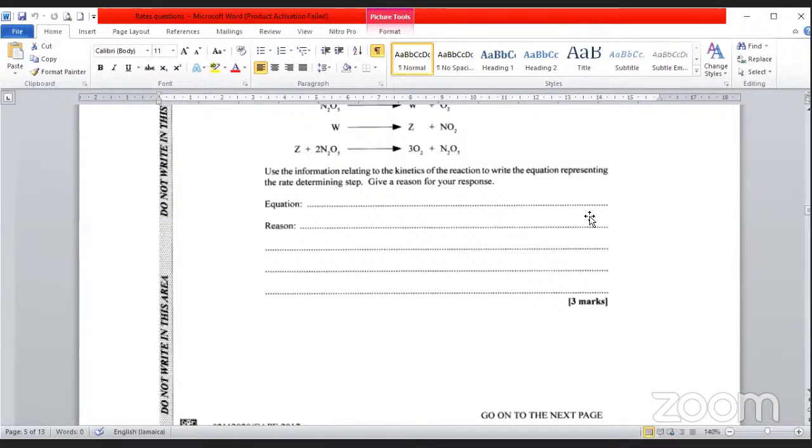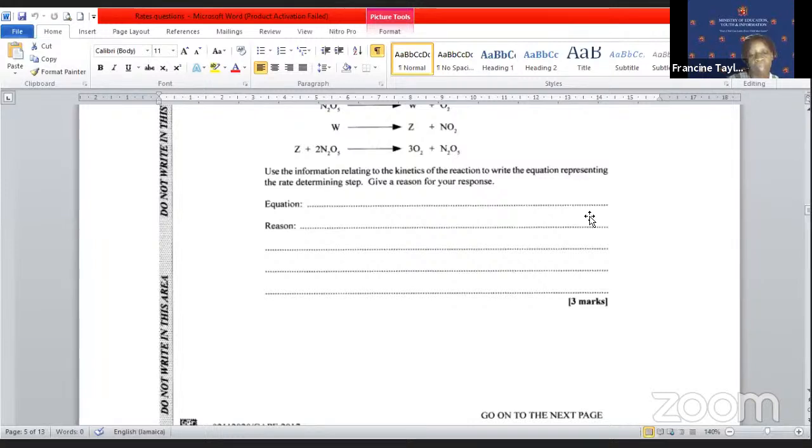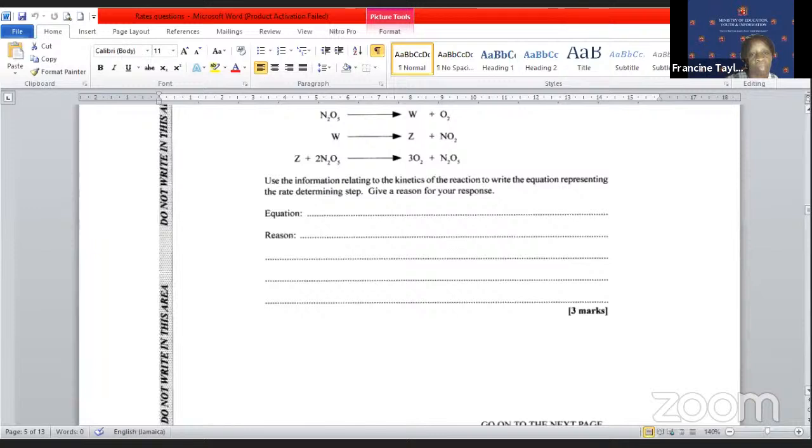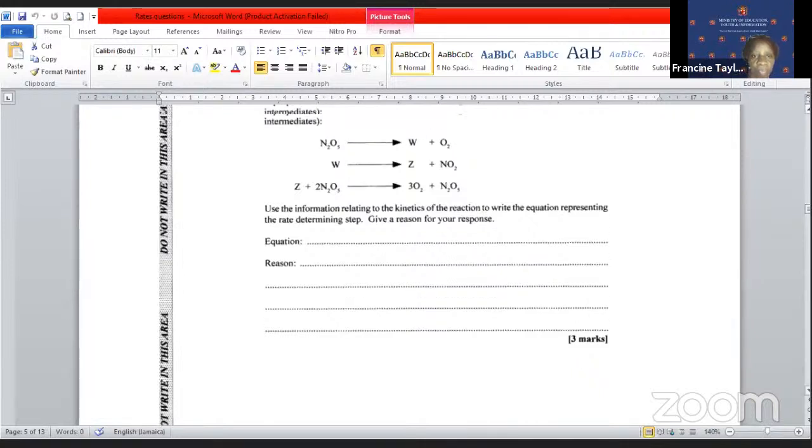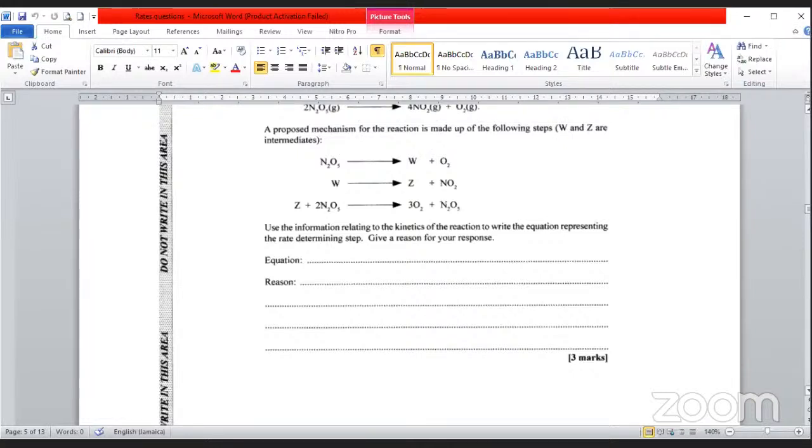All right, so N2O5 to give W plus O2. What's your reason? They want you to scroll up so they can see the entire equation, entire question, sorry. What's your reason?